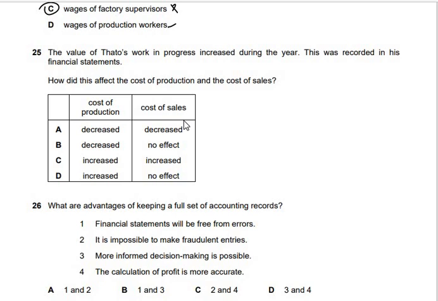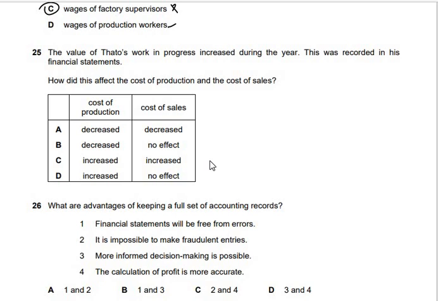The value of Tato's work in progress increased during the year. This was recorded in his financial year. How did this affect the cost of production and the cost of sales?